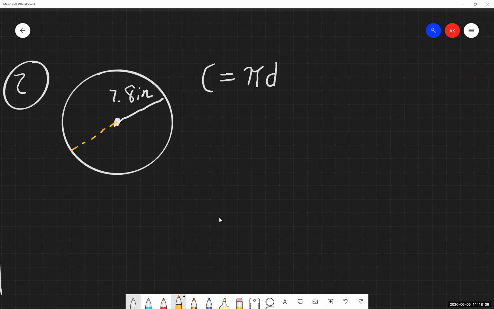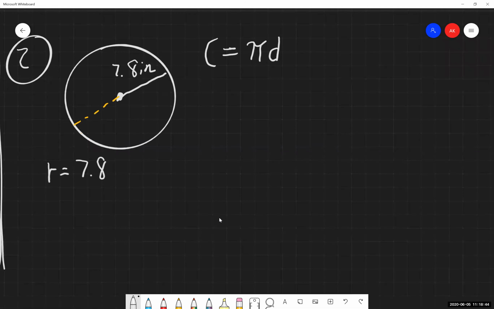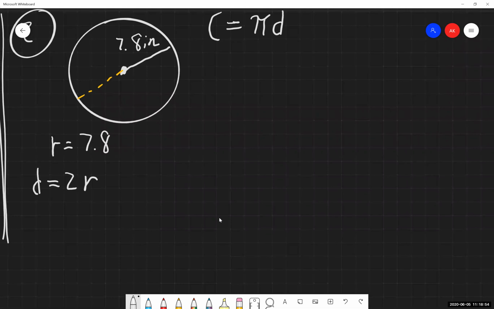So if I know that the radius, we'll label this as r, is 7.8 inches, and I know the diameter is twice as long as the radius, I can then calculate the diameter by just doubling the radius size.